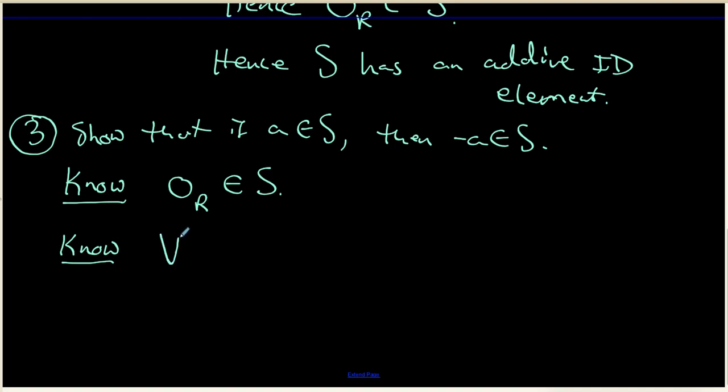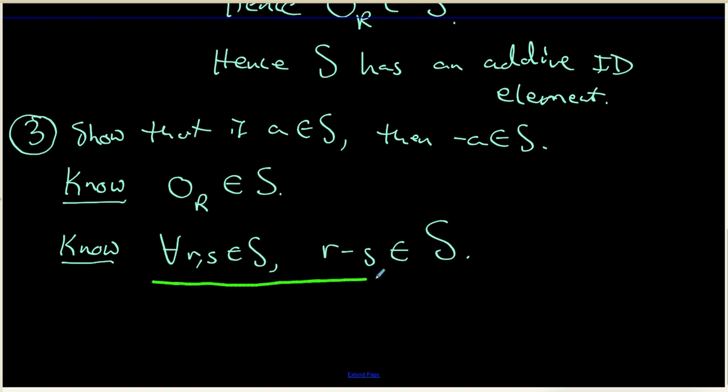And property B is that for any pair of elements inside S, R minus S will indeed belong to capital S. And again, we're going to use the fact that this is a universally quantified statement, so no matter what values of R and S I pick, as long as they're in set S, I have this conclusion.